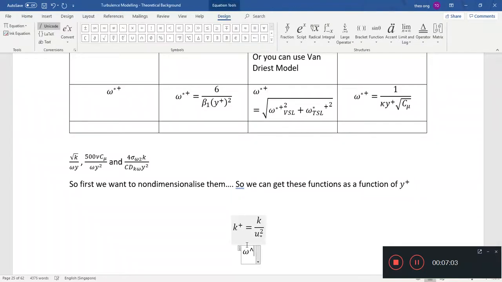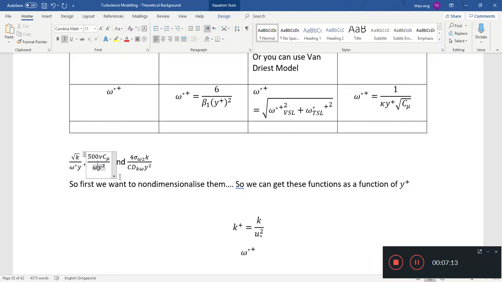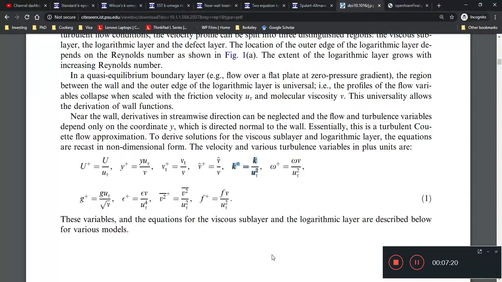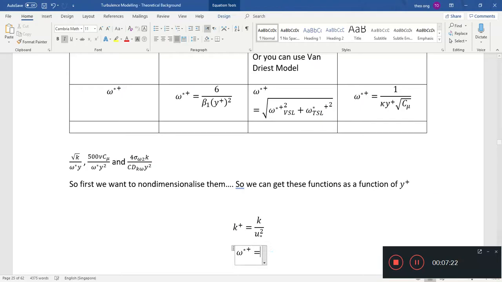Omega star plus equals omega star nu divided by u star squared.